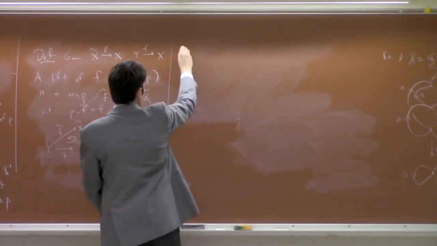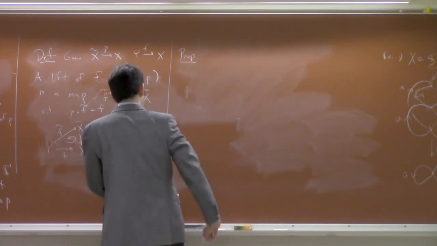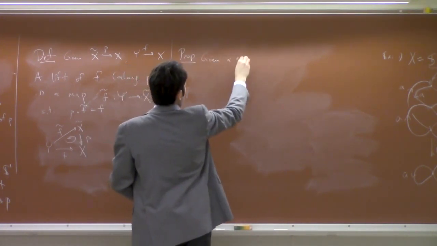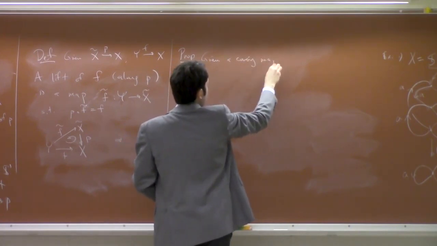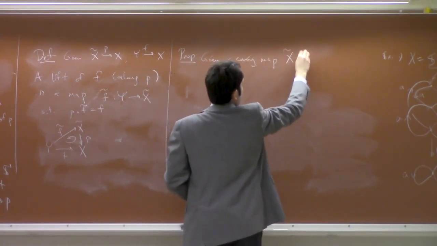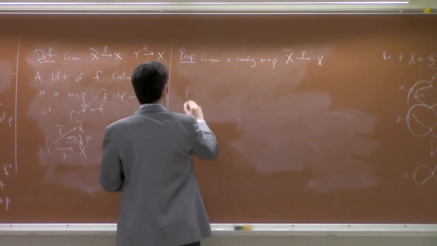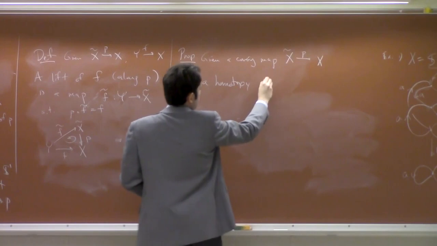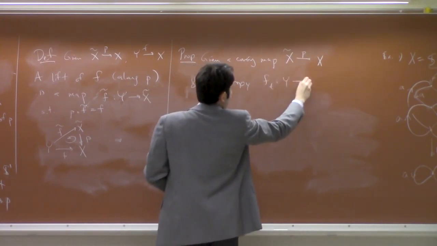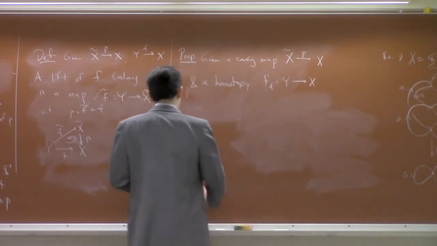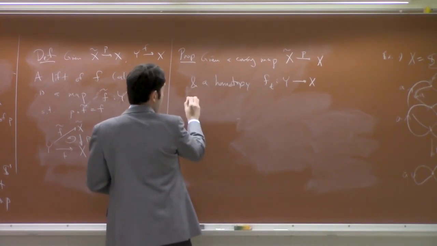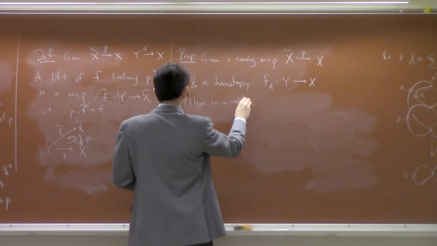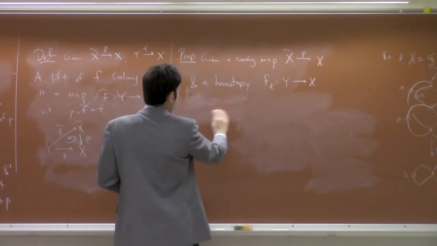So here's what we used for the case of the circle. Given a covering map, and a homotopy, right, you have to lift one endpoint first.